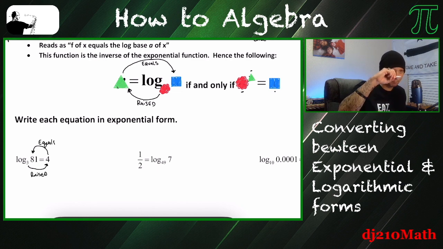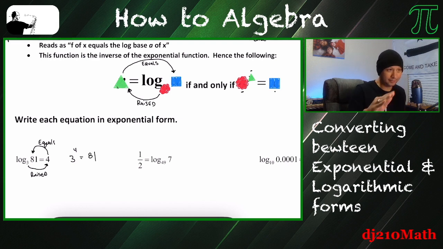It always starts at the base. You raise it to whatever's on the outside of the equal sign. If there's nothing there, we'll put something there, and then set it equal to whatever the argument is, like the input or the X value. There isn't an X here, but it's the input value. So again, 3 raised to 4 equals 81.